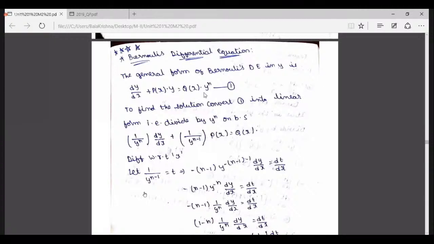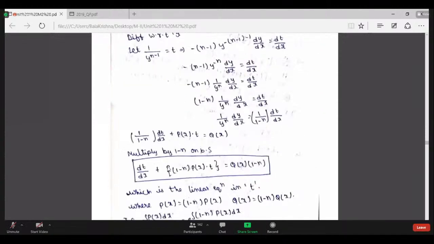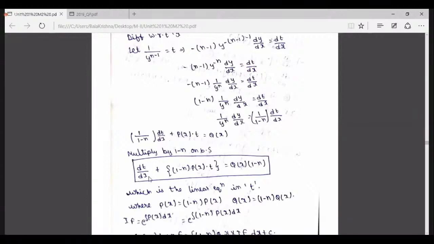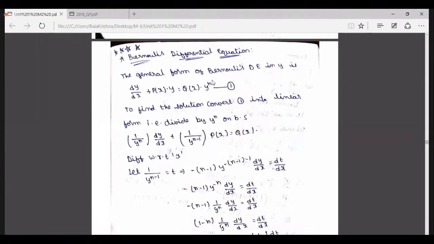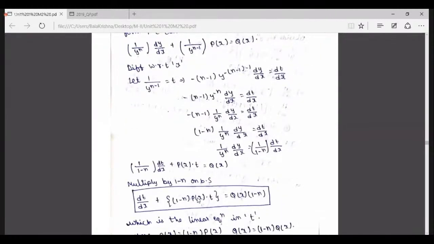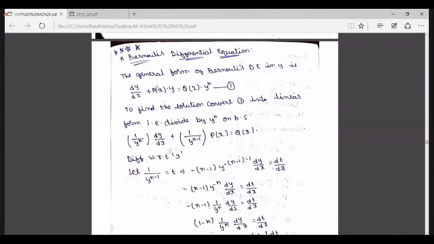Whenever you have a Bernoulli differential equation in y, reduce that into linear form like this. In place of y you will have t: dt by dx plus (1 minus n) into p of x into t is equal to q of x into (1 minus n). Here n is the power in y power n, and whatever p of x is there, that p of x will be written there.